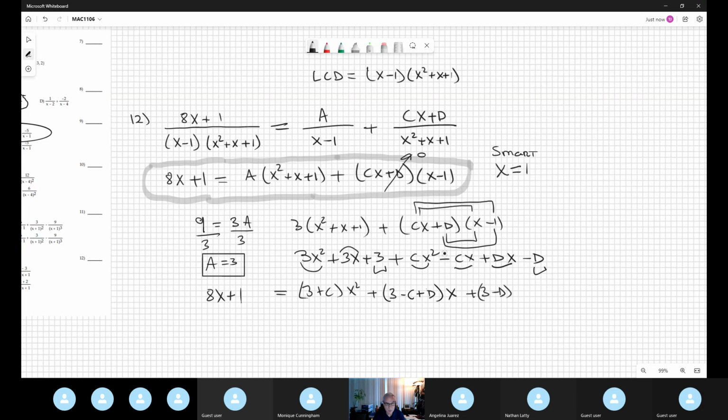Therefore, you see that this polynomial has no degree 2. Now, it's obvious that comparing, 3 plus C is 0. C is negative 3. Well, 3 minus C plus D is equal to 8.